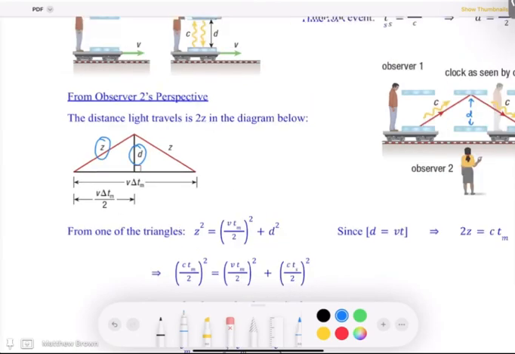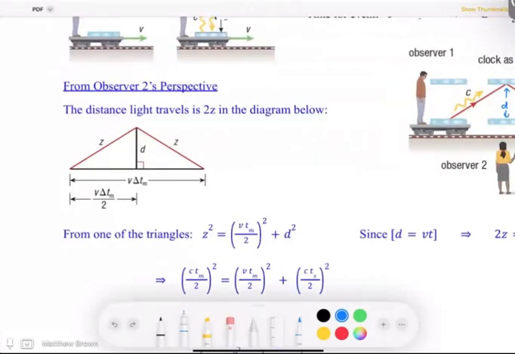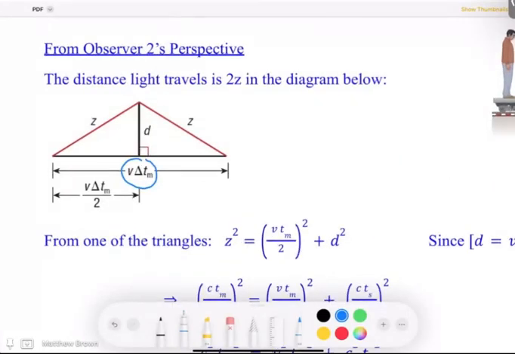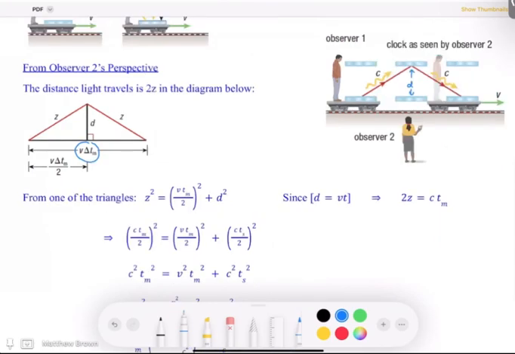If we look at this distance on the base here, how far does this trolley car go in the time it takes light to do that? Well, we know distance is just velocity times time, right? So if it's going with speed v, and note though, we're using the subscript m for moving time, because this observer 2 is measuring something that's moving. The light is moving on a reference frame that's moving relative to them.